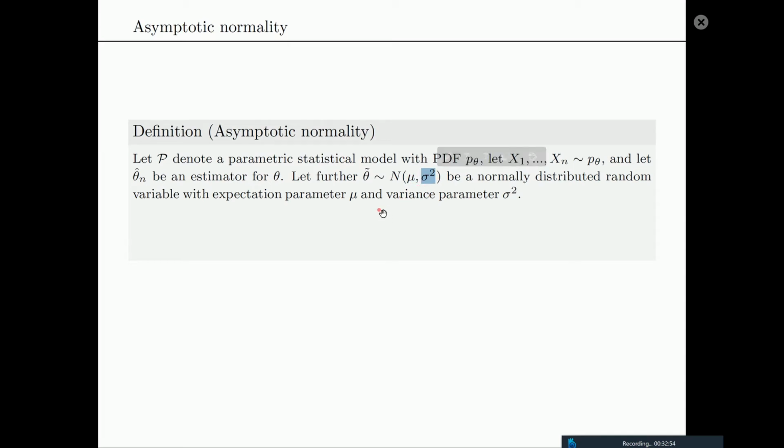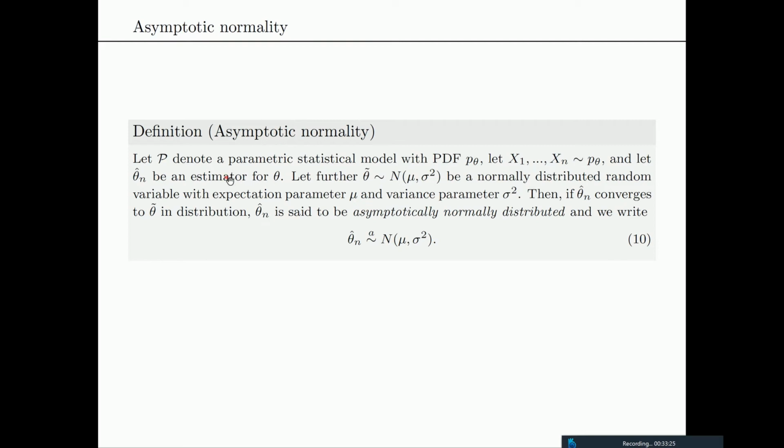Again, like I introduced last time, essentially all the time the parameter here is scalar. You can of course expand things to multivariate parameter settings, but then you need to be more careful and notation becomes more involved. So we are happy with the scalar case, or at least I am happy with the scalar case this year.